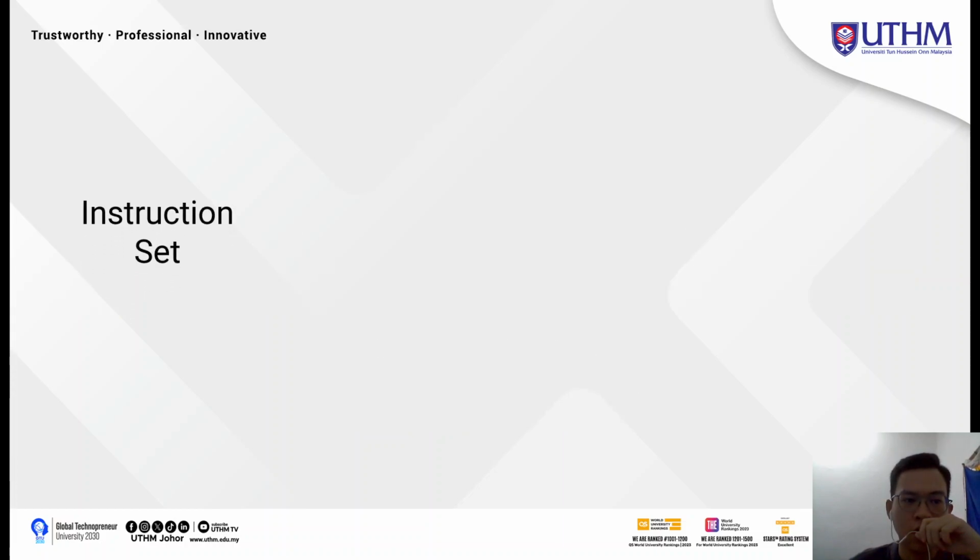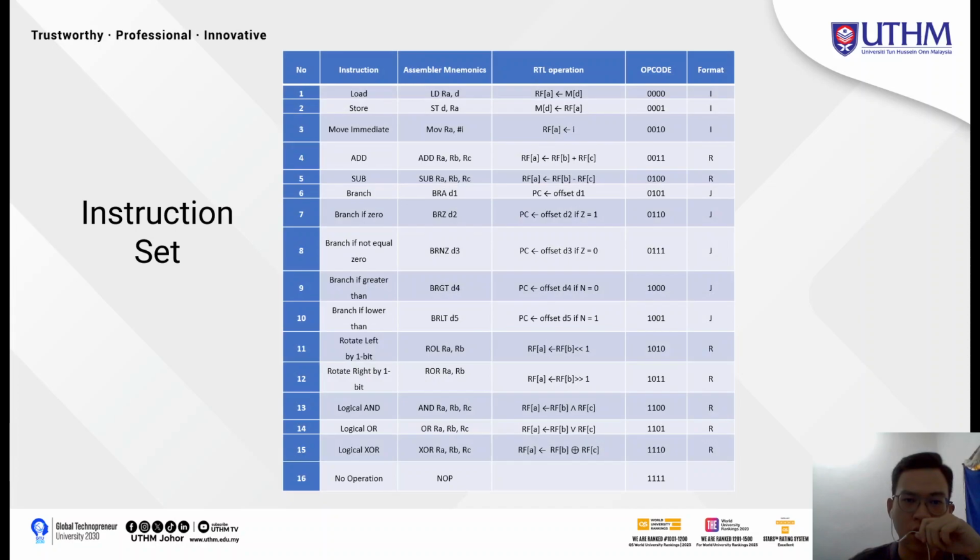Next, this is the instruction set that is used in the project. Here, as you can see, the instructions are load, store, move immediate, add, sub, the unconditional branch instruction, and from number 7 to number 10 are the conditional branch instructions, followed by the rotate instructions, the logical instructions, and also a no-operation instruction.